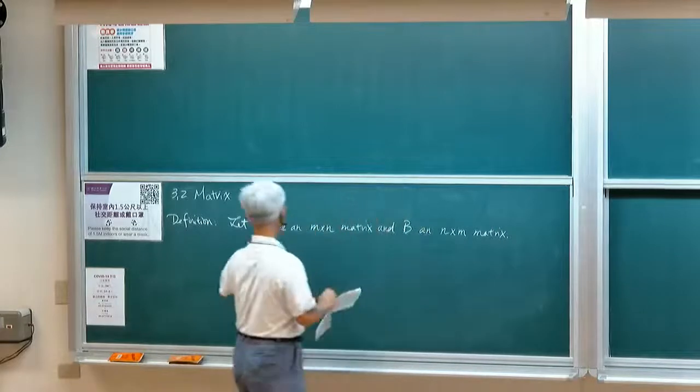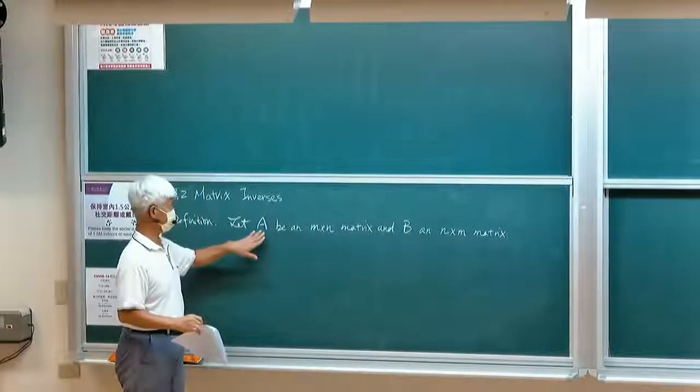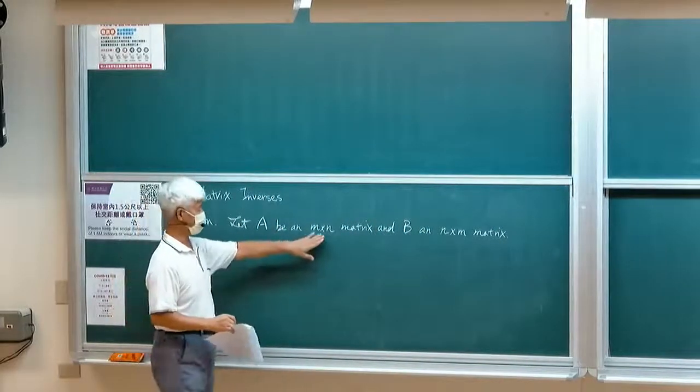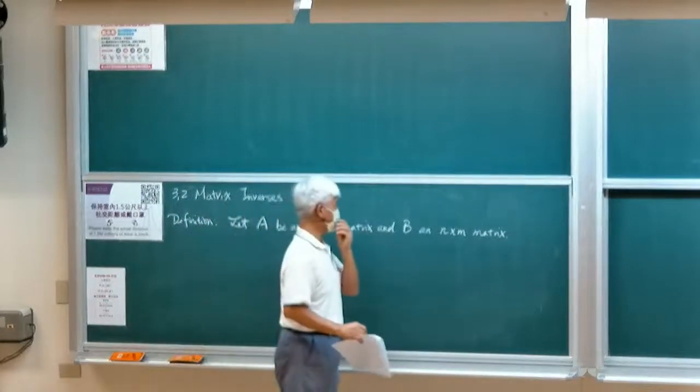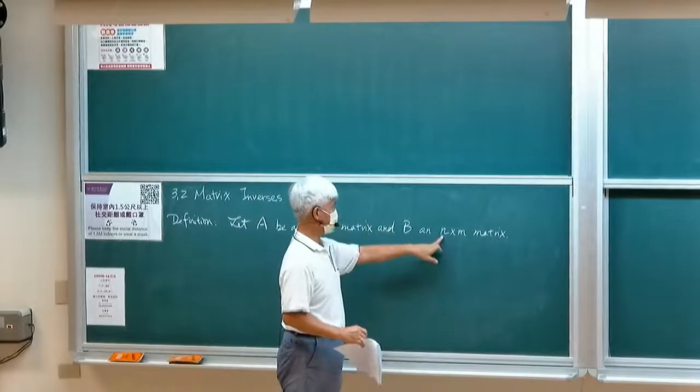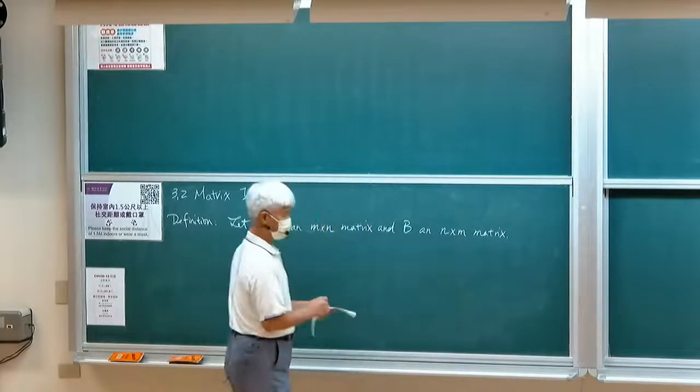So A is M times N, so A has M rows and N columns. But B has N rows but M columns.